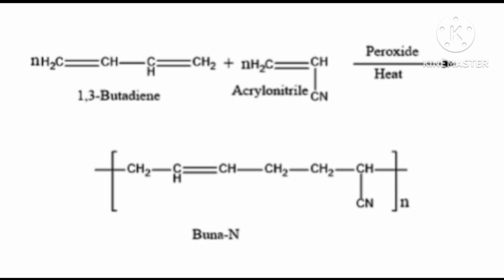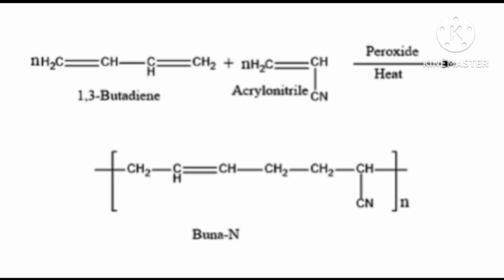Sulfur will come in the middle and it will join with two carbons, wherever the isoprene chains are. Then both chains will run in parallel, and between the two carbons sulfur will come.